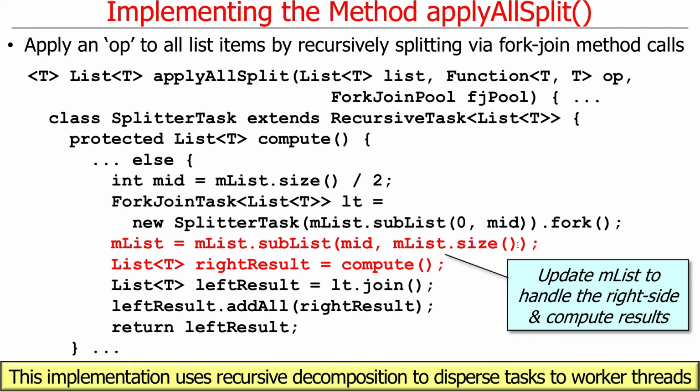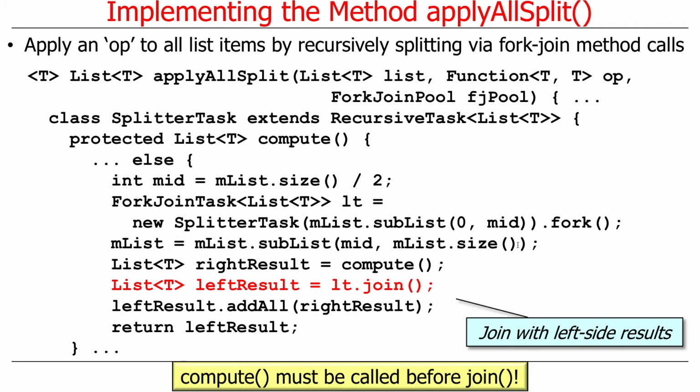Basically what this is doing is it's using so-called recursive decomposition to disperse the tasks to worker threads. I'll come back and talk about that in a second. That's really important to understand. And then after compute is done, in the calling thread, we take the left-hand side of the list, and we join with it. So now we're going to end up joining the results.